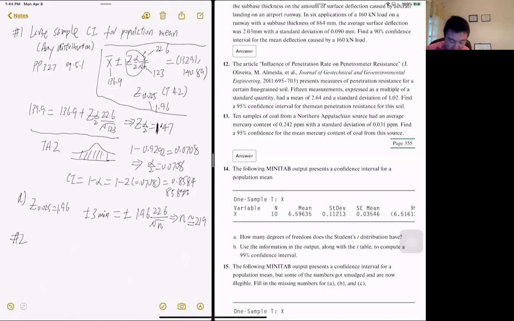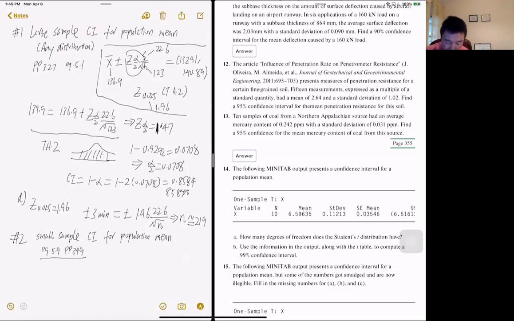So, small sample CI for population mean. So the equation is from section 5.3. Equation number 5.9 in your textbook, page 349.